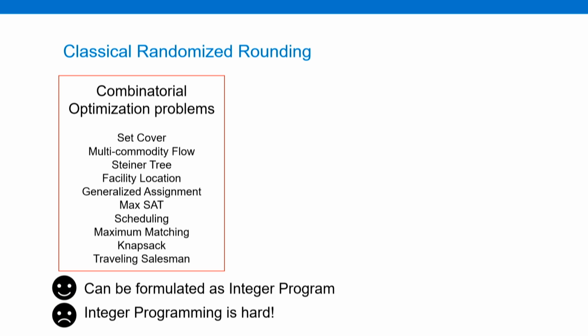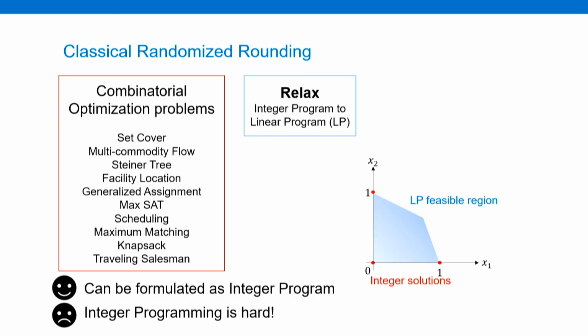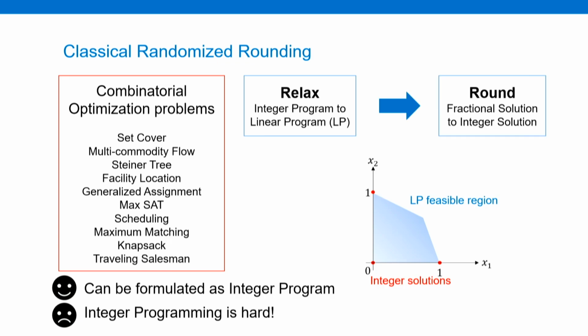So randomized rounding is one way to approximately solve integer programs, where what we do is we relax and then round. Relax means we write an LP relaxation where we allow the solutions to be fractional in the integer program. You can think about the integer points being something like these red points, and then the LP feasible region being a polyhedron like this. And then the second step is to round a fractional solution to an integer solution.